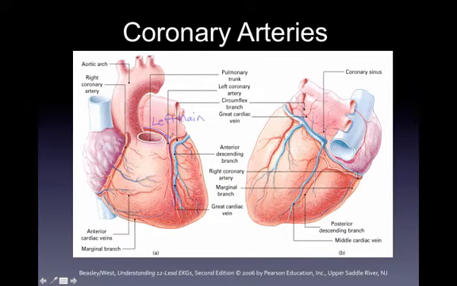But this little section right here, before it branches off into the LAD and the circumflex, is considered the left main. If you get an occlusion in here or a clot, to where you're not passing blood supply past that, that is considered the widowmaker. It's going to give you a distinctive pattern, and we'll talk about that as well in the next couple slide sets.